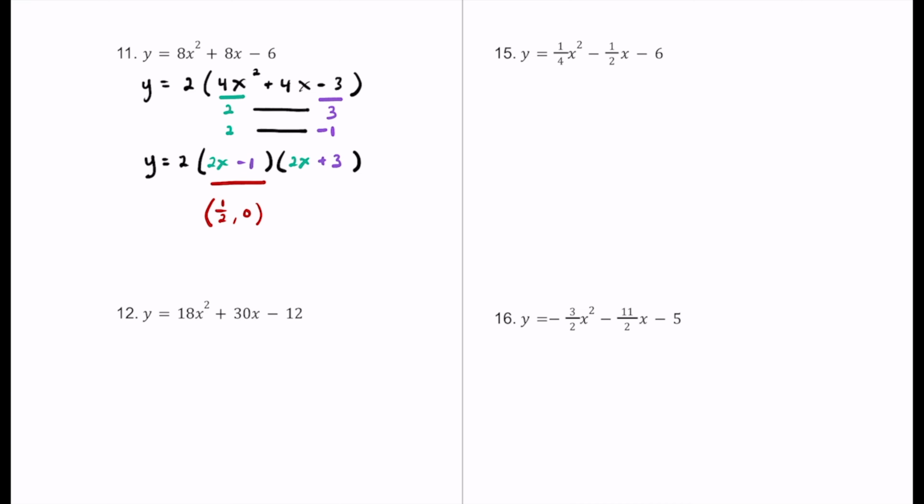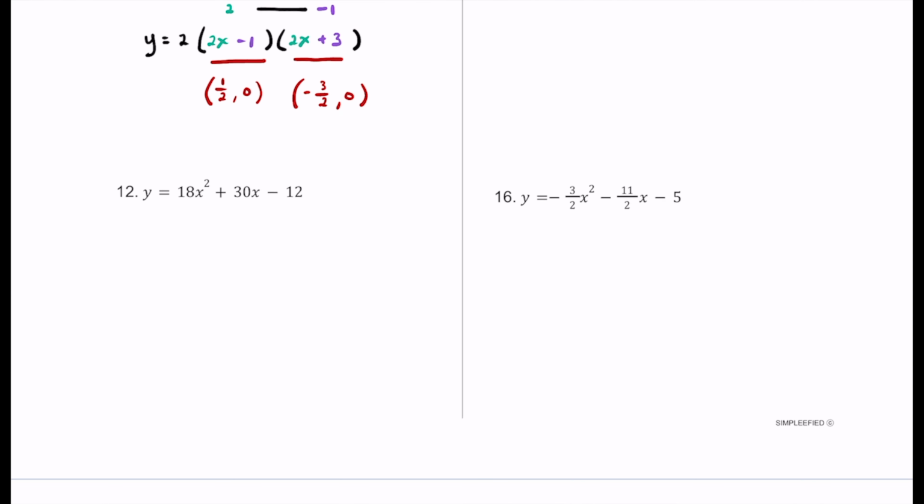If x was 1/2, then y would be 0. Half of 2 is 1, 1 minus 1 is 0. And over here, x would have to be negative, let's see, I'll go with negative 3 over 2 comma 0. So if x was negative 3 over 2, then the 2's would cross cancel, you'd be left with negative 3. Negative 3 plus 3 is 0.